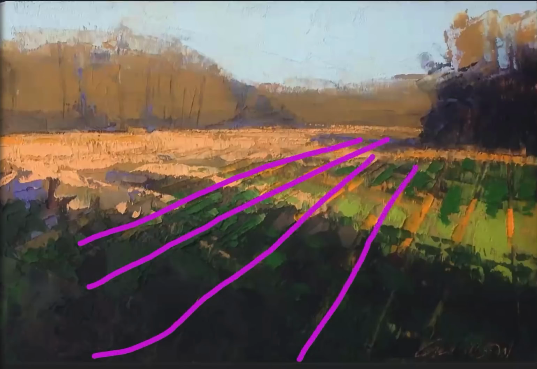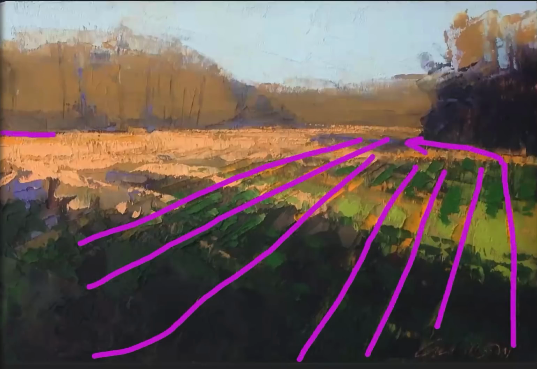And they go all the way over. And these over here act as kind of secondary lines that point you then back over here. Then there is, of course, that strong line of the ground line right there.